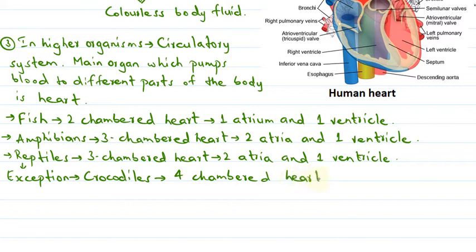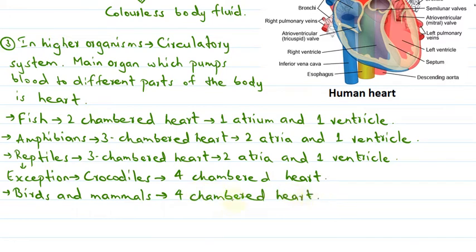So they are an exception. Then in case of birds and mammals, they possess four-chambered heart consisting of two atria and two ventricles.